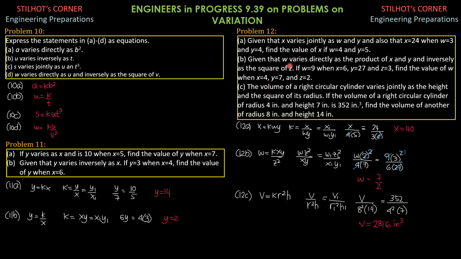12b, given that w varies directly as the product of x and y and inversely as the square of z. So the formula is w equals kxy over z squared. K therefore is w z squared over xy, and that is w1 z1 squared over x1 y1. So if w is 9 when x is 6, y is 27, and z is 3, initial, find the value of w when x is 4, y is 7, and z is 2.